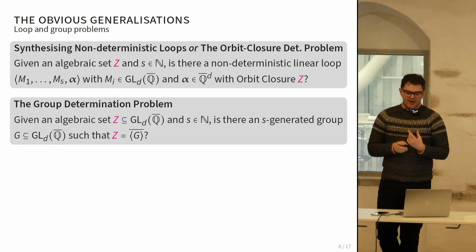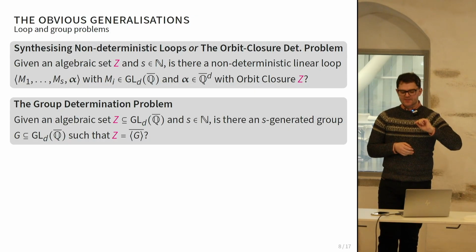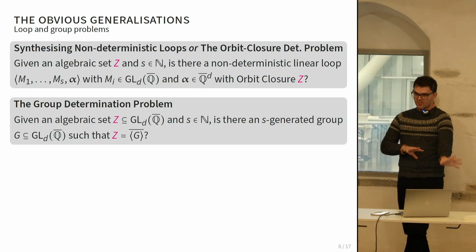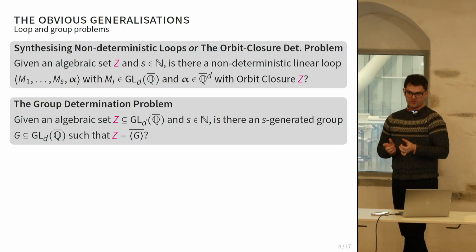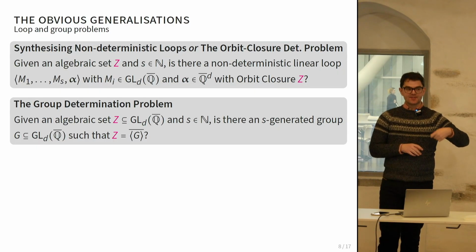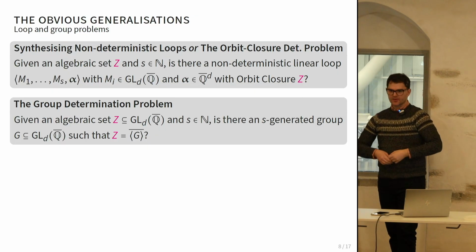But the nice thing here is something that didn't appear in the previous slide. Why do we call these determination problems and not just decision problems? The reason is the user also has to give the s, so whether there are going to be s matrices acting on this.